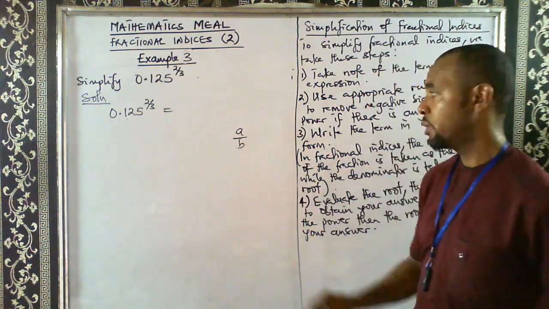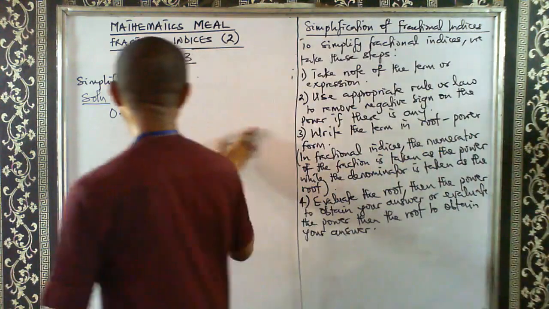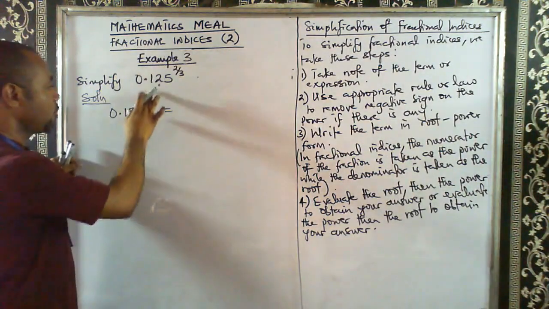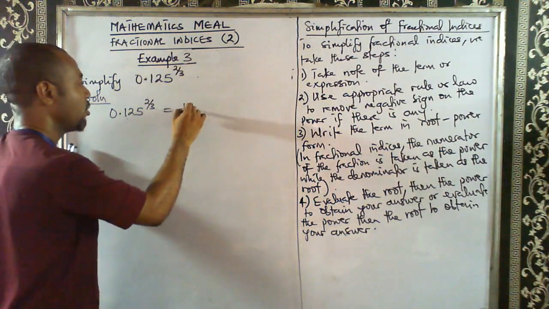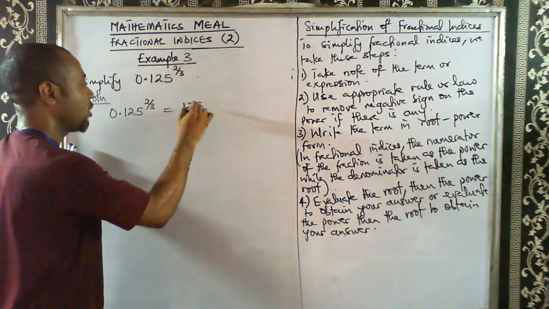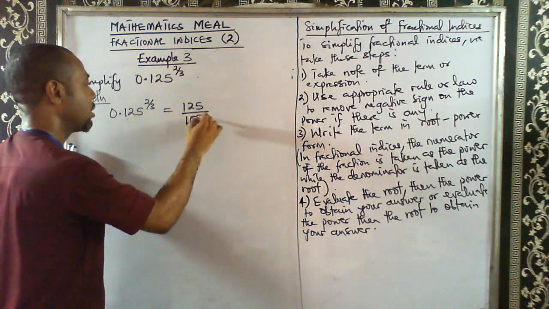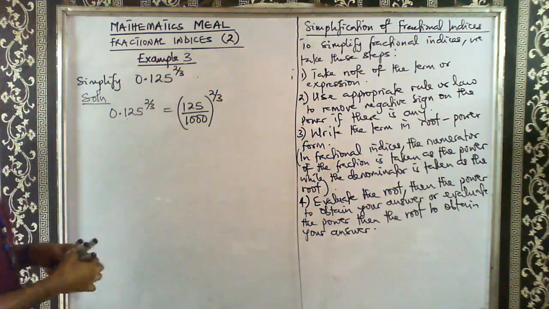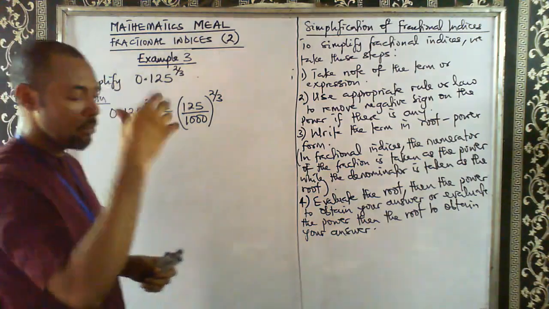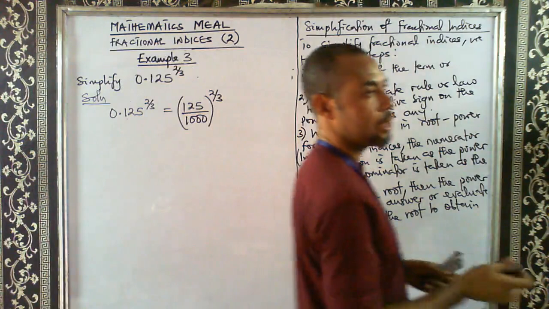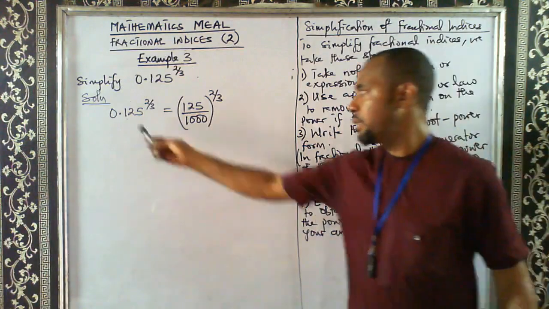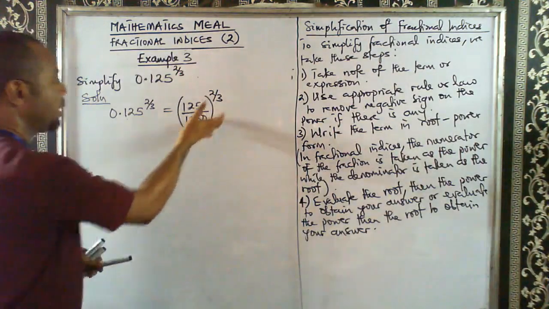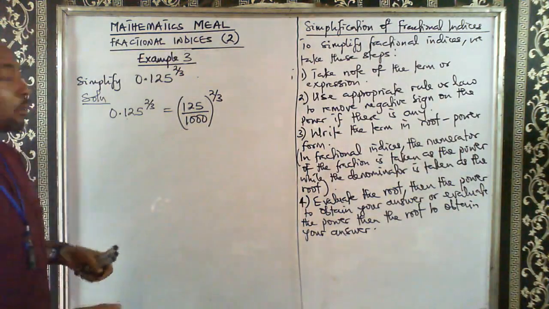If we do that, 0.125 can be written as 125 over 1000, now raised to power 2 over 3. From basic mathematics, you know how to change decimals to fractions. So 0.125 raised to power 2 over 3 is the same thing as this.